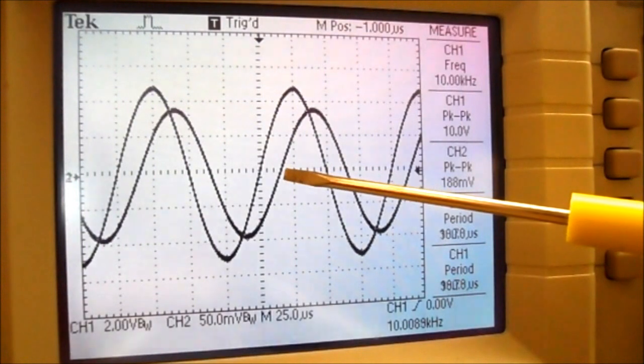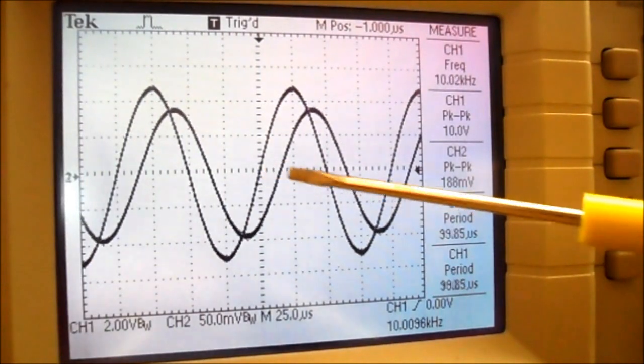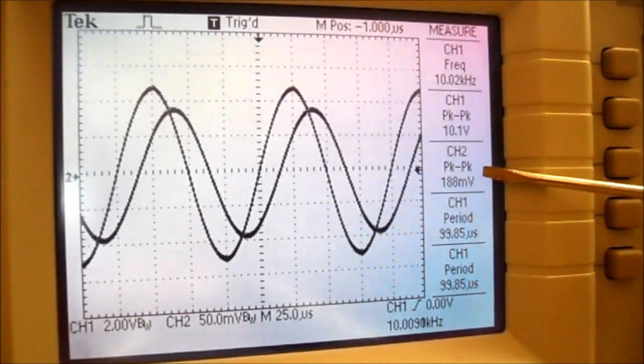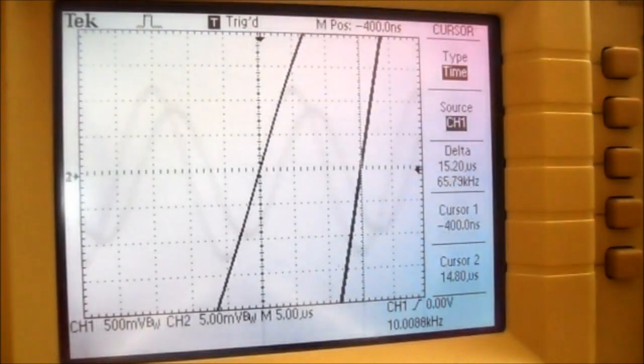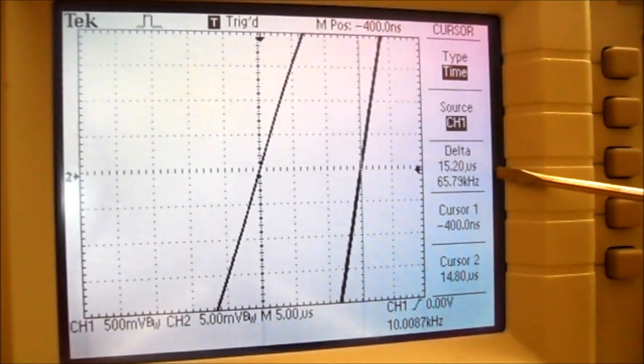Now you can see IN is actually lagging my applied voltage, and you can see it's at 1.86 volts, so that's 18.6 milliamps when I divide it by the 10 ohm sensing resistor. Using the cursors, you can see I have a delta of 15.2 microseconds.